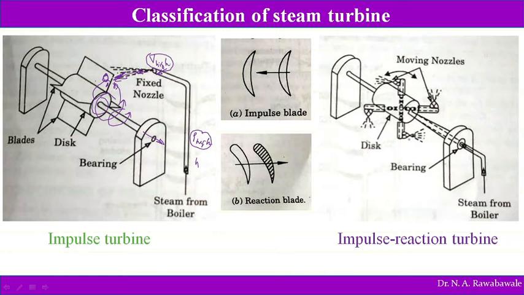Now in the case of the impulse reaction turbine, the steam expands in both the blade as well as the nozzle. Here the steam is passed through the rotor itself and then comes out of the nozzle, and when the steam expands in the nozzle, this offers a back force, that is, a reaction to the nozzle, and the nozzle starts to rotate.